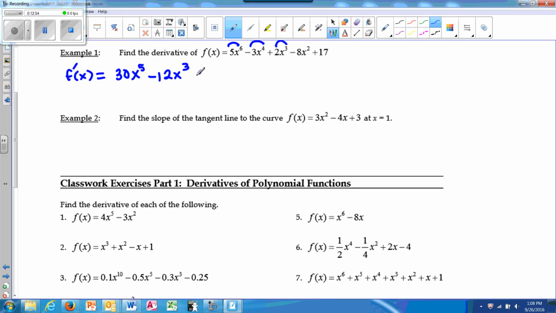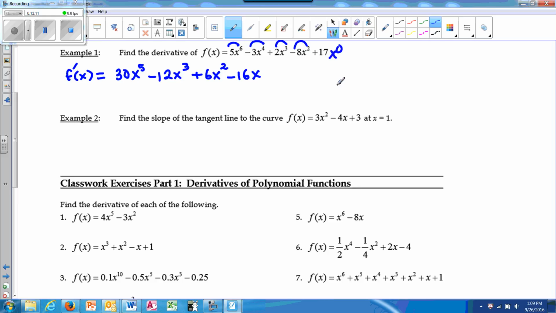When I find the derivative, f of x prime, so the first derivative, I'm going to multiply the 6 times 5 to get 30, and I'm going to reduce the power by 1.